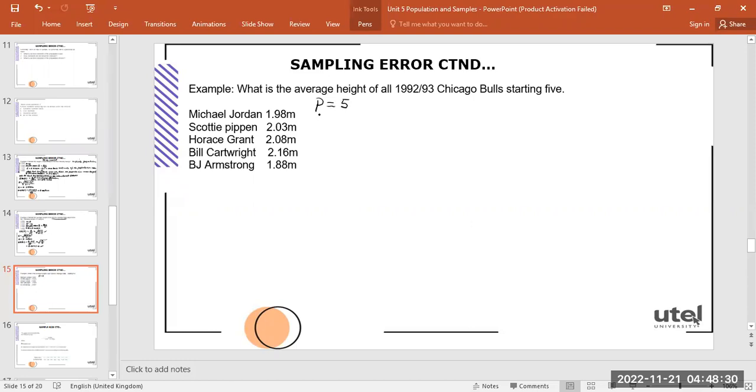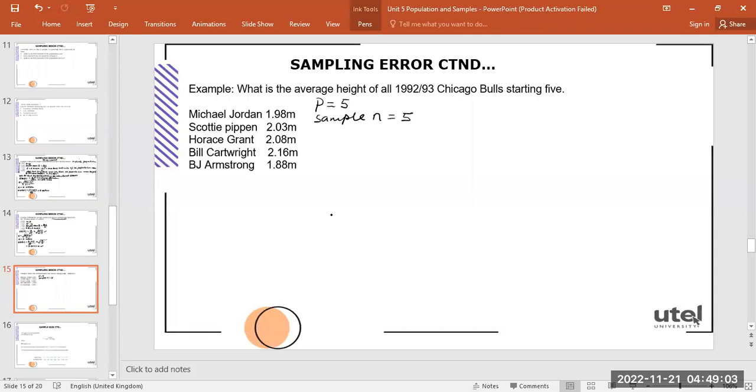Our sample of interest n is also equal to 5, because we are given a population of 5 and a sample of 5, but from which we are asked to project or estimate the average height of all the Chicago Bulls 1992/93 starting 5.